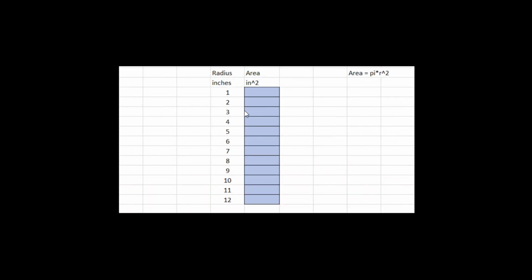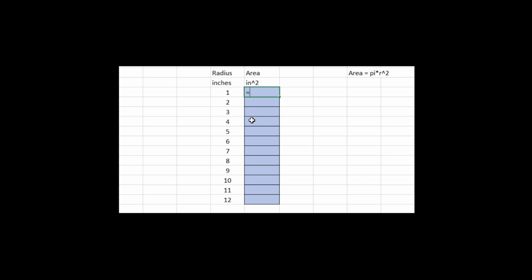So I pulled this little Excel file up, put in radiuses in inches, and the area will then be in square inches. And here's the formula for the area of a circle. And I'm just going to go ahead and find the area based on the radius and then see if the radius doubles, does the area double? And that would make it proportional.